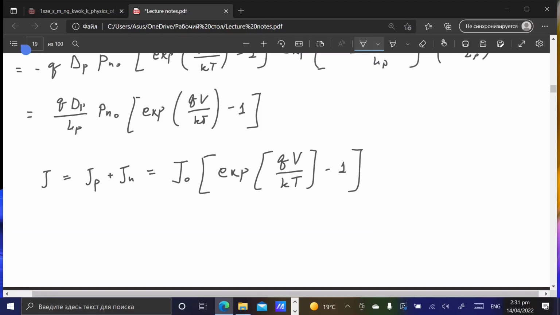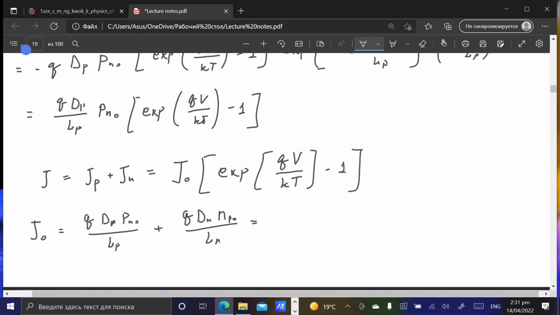And J0, the saturation current, will be equal to Q times DP times Pn0 divided by LP plus Q times DN times Np0 divided by Ln.